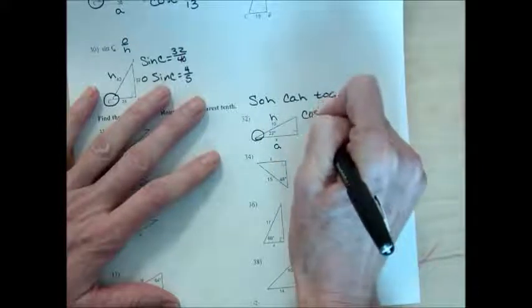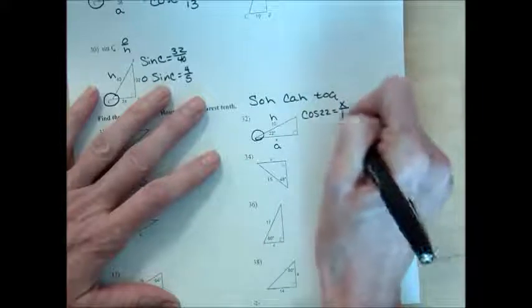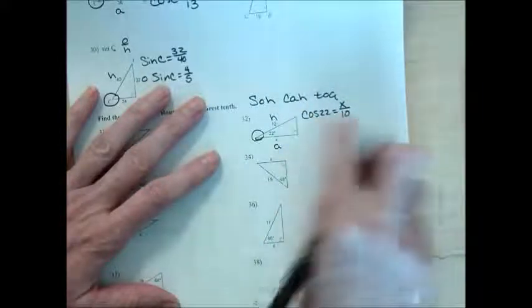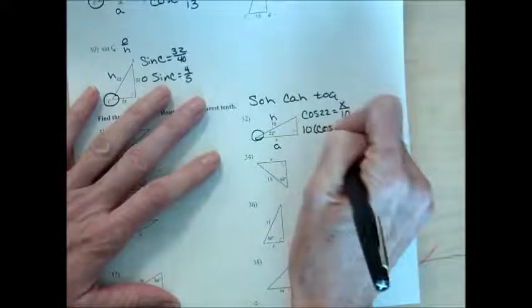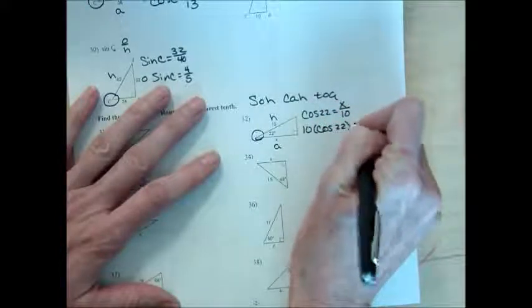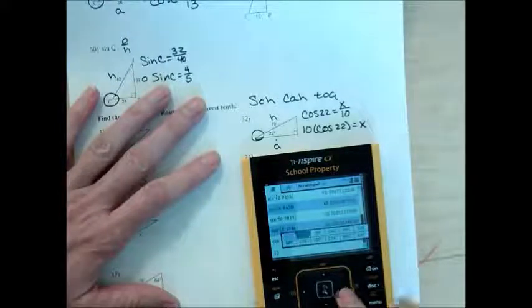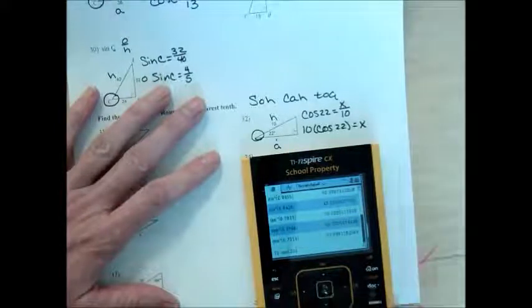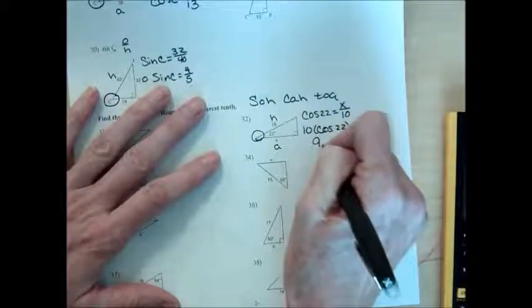So the cosine of 22 is the adjacent, which is x, over the hypotenuse, which is 10. I'm going to multiply by my denominator. 10 times the cosine of 22 equals x. Since x is isolated, I type it in. 10 times cosine of 22. Going one decimal place, 9.3.